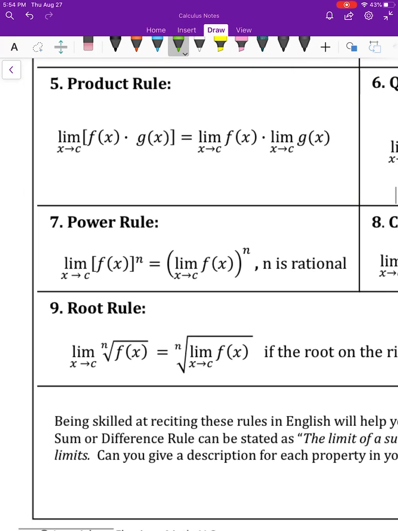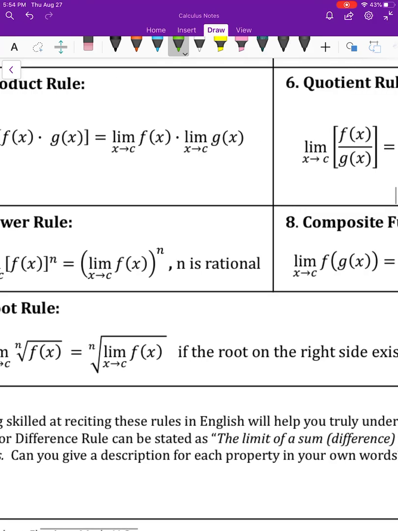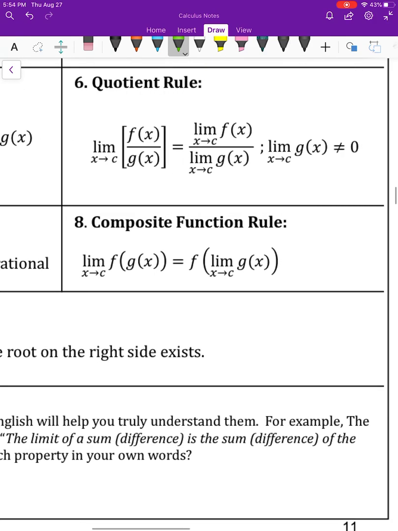Power rule. If the limit as x approaches c of some function is taken to a power, then you can take the limit of that function to that power, and it's going to give you that same answer. Composition function rule.